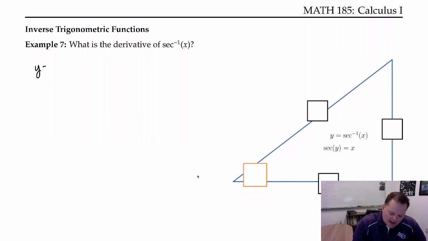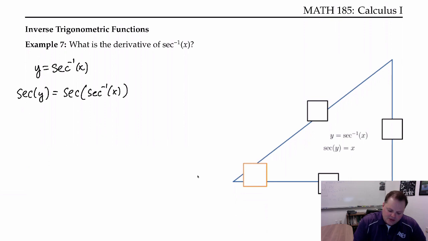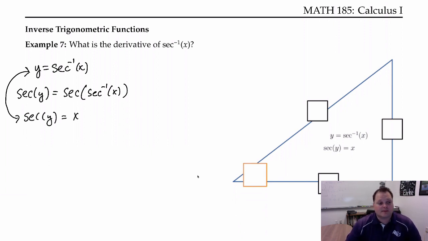So if I write y equals secant inverse of x, you should know at this point that if you take the secant of both sides, secant and secant inverse are inverse functions, so they cancel each other out. And what you end up getting is that secant of y is equal to x. So the inverse relationship shared by secant and secant inverse is on display here.